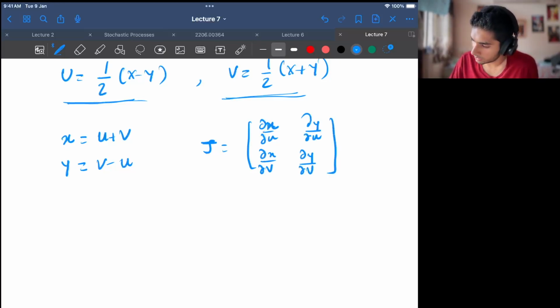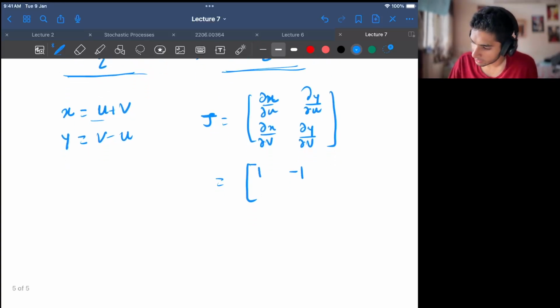What is this matrix? If you differentiate x with respect to u, you get 1. If you differentiate y with respect to u, you get minus 1. Similarly, del x by del v will again be 1, and del y by del v will be just 1. This implies that mod of J is what? The determinant is 1 plus 1, which is equal to 2.